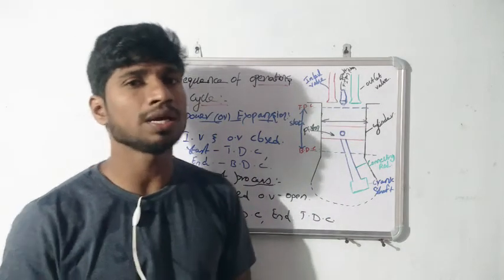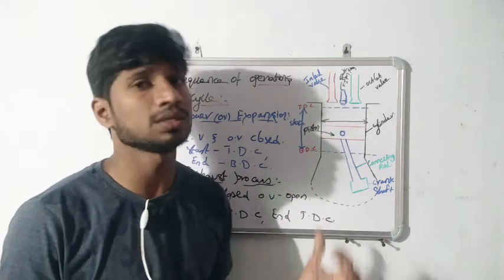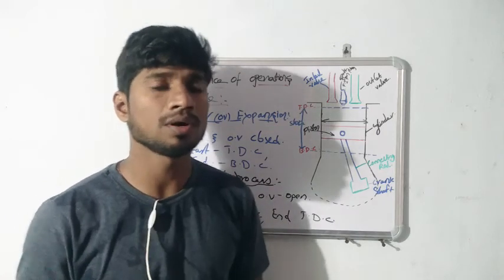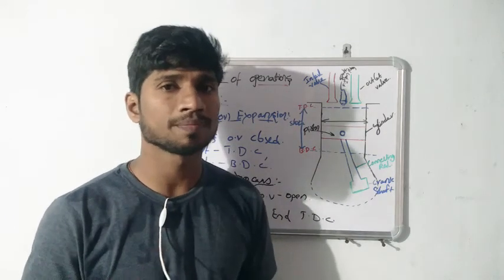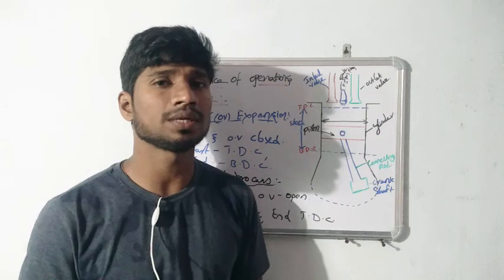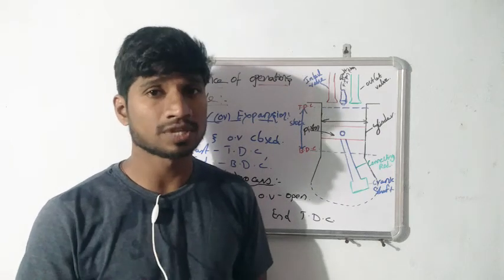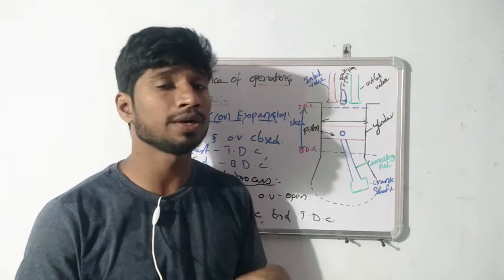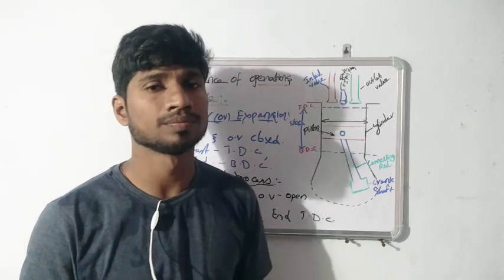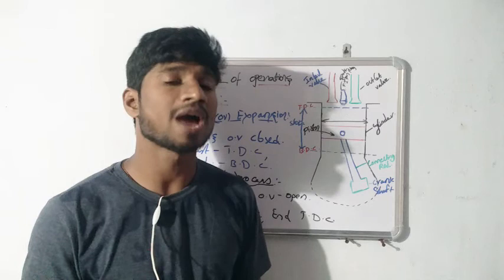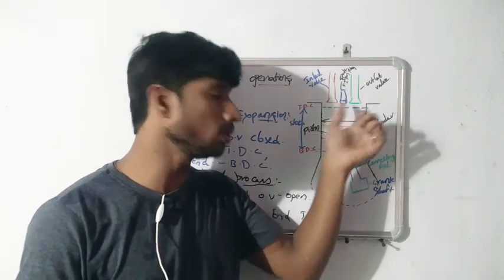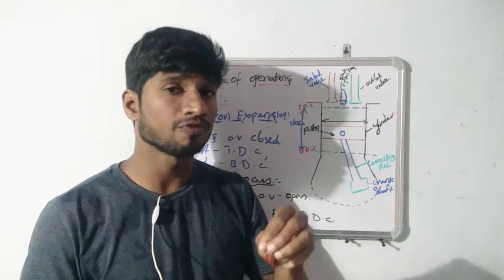If you find out here, what we have discussed about the working process is completely applicable for gas or petrol engines. In case of a diesel engine, at the time of the suction process, only fresh air enters the engine cylinder, and after completion of the compression process, with the help of the fuel injector, we add the fuel spray.